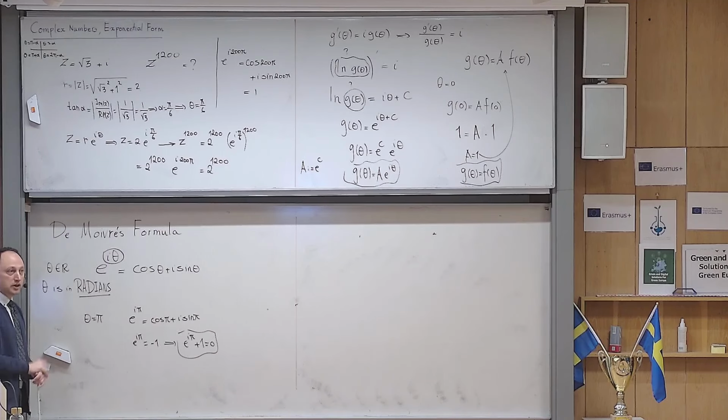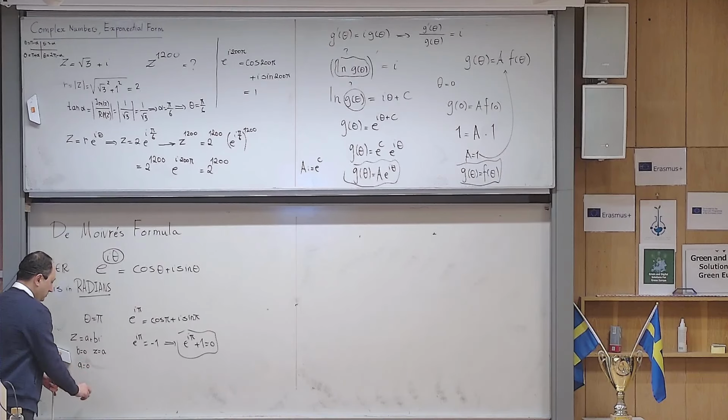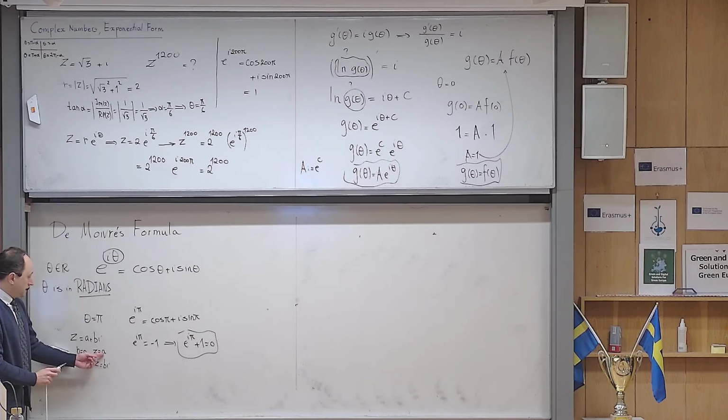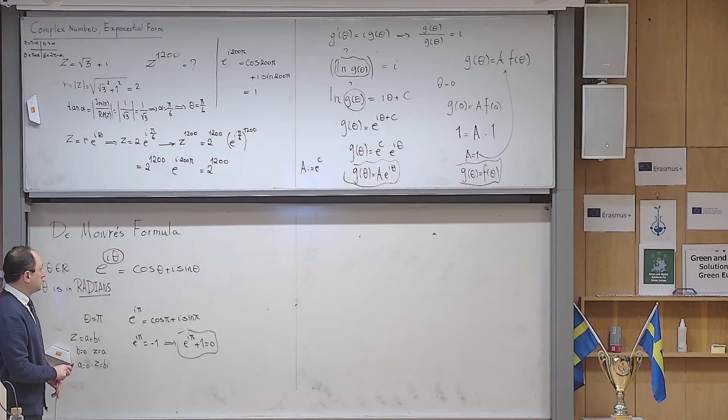So if you have i times theta, if I have a complex number in general, I can have b to be 0, then I have z is equal to a. I can also have a equals to 0, then z becomes bi. So in this case, I would say that z is real. Do you remember what was the name of this? Yes? Pure imaginary.